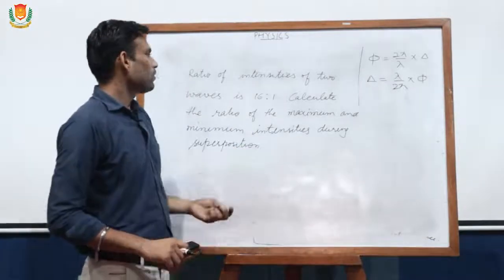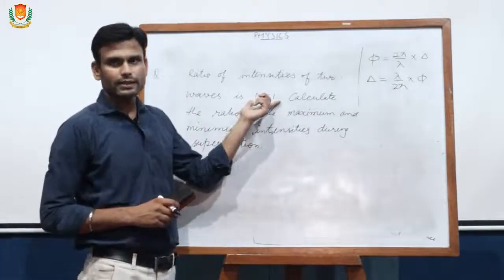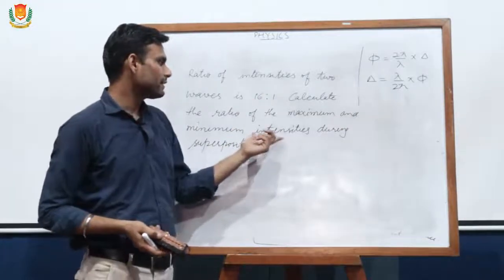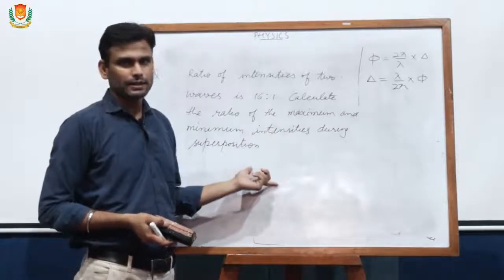So we have two waves having a ratio of their intensity 16:1, and when they superimpose, we have to calculate the ratio of maximum and minimum intensities.